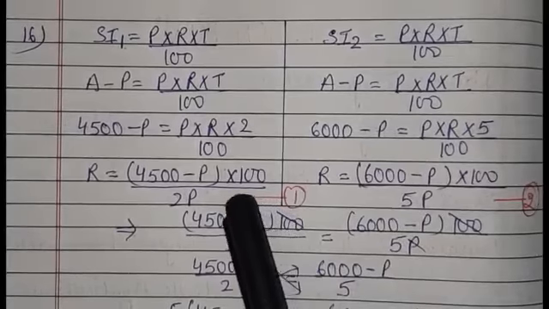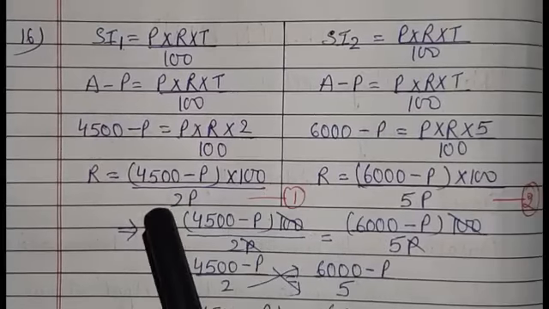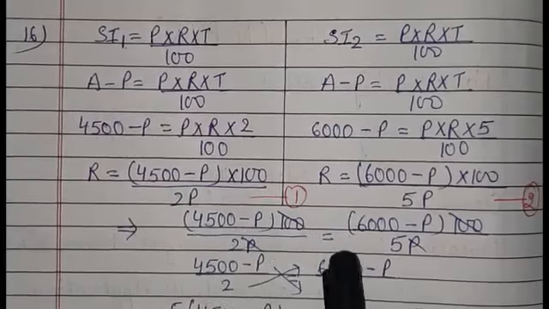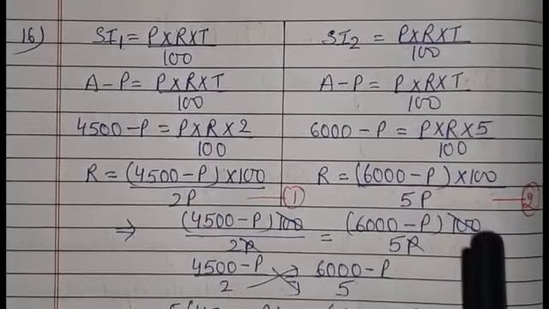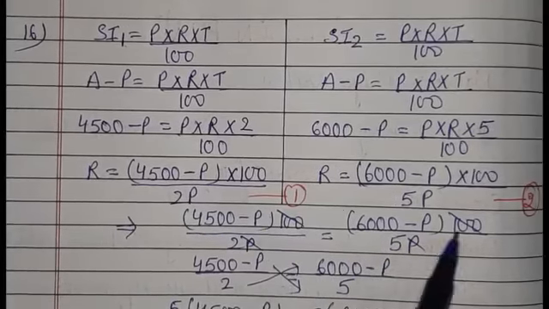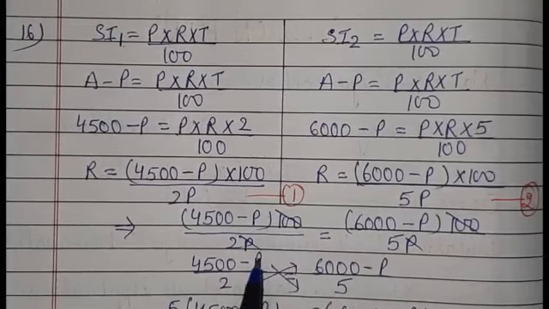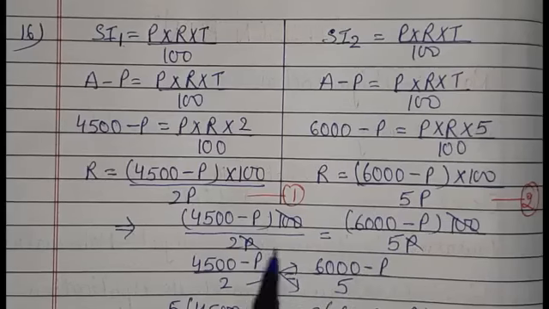Now from equation number 1 and 2, both our rates of interest are same. So we can write these two equations as equal. When we simplify, from left hand side and right hand side, numerator 100 with numerator 100 will be cancelled out. Denominator P and denominator P will be cancelled out.